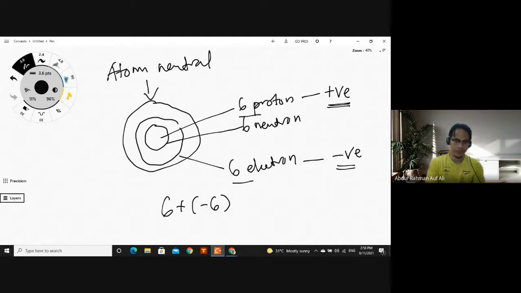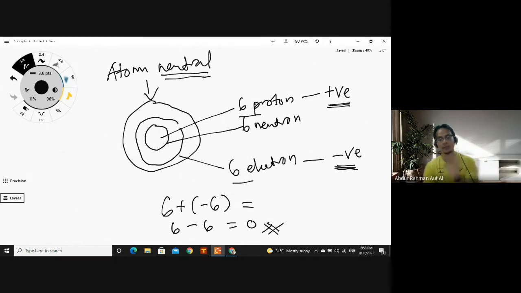So kenapa ada tolak kat sini? This is because the electrical charge of electron adalah negative. So if you solve this mathematical equation, 6 tambah negatif 6, kamu akan dapat 6 tolak 6, jadilah kosong. So that's why atom ini bercharge kosong, neutral. That's why sesuatu bahan itu boleh jadi neutral because the electrical charge cancel each other out. The amount of positive equals to the amount of negative. Okay?